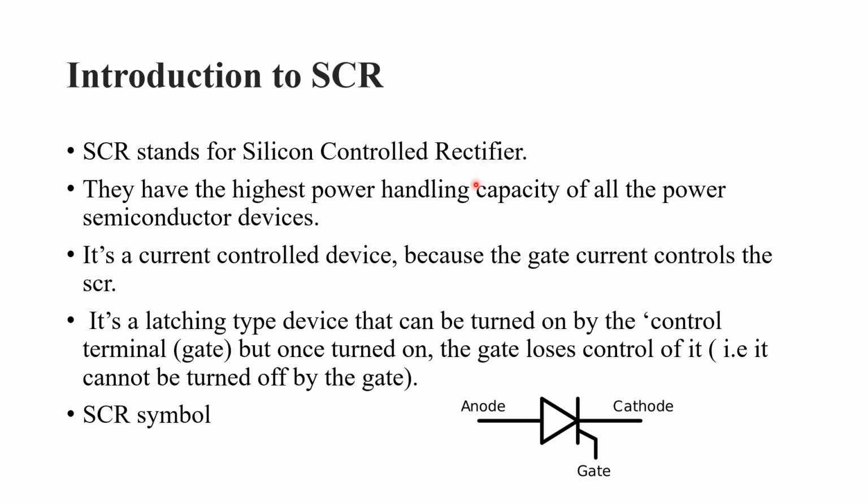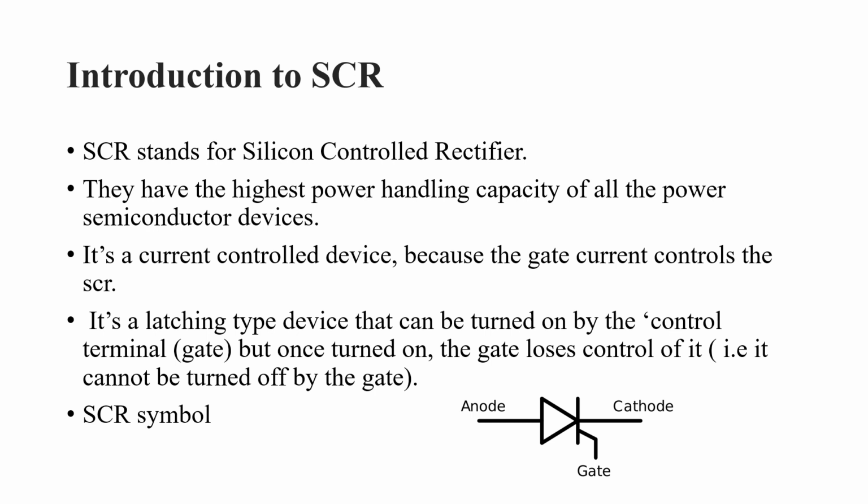So what is a rectifier? A rectifier is a device that converts alternating current into direct current, that is AC to DC. And for this purpose, they use diodes. So here we have this diode.